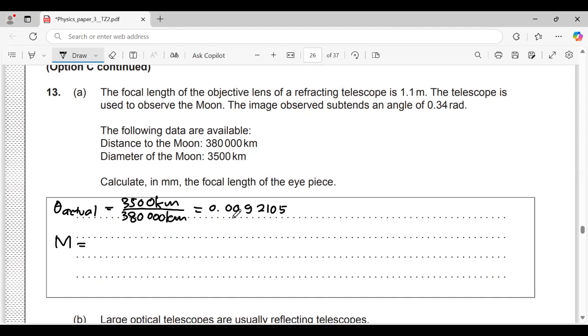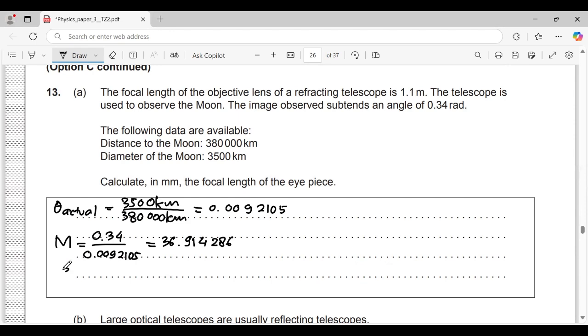This is the theta actual, and the theta observed is this one, 0.34 radians over theta actual, 0.0092105. And the result is 36.914286.